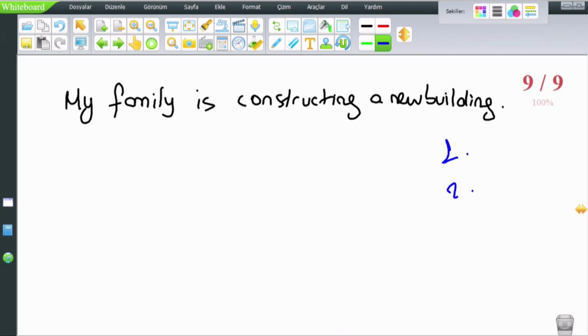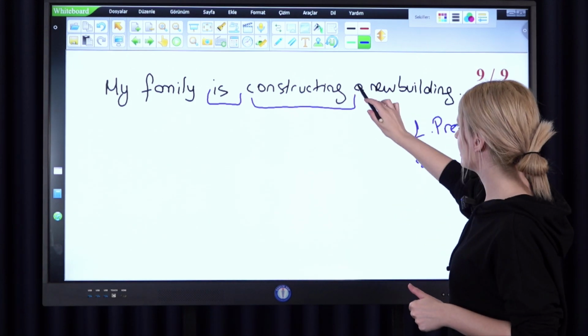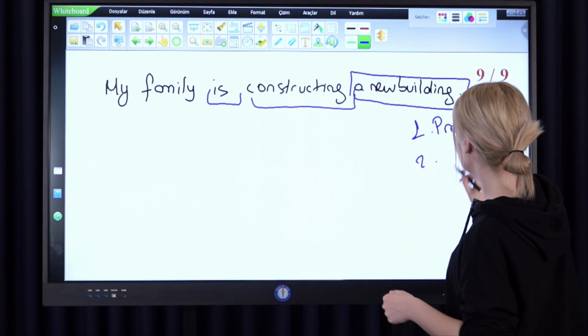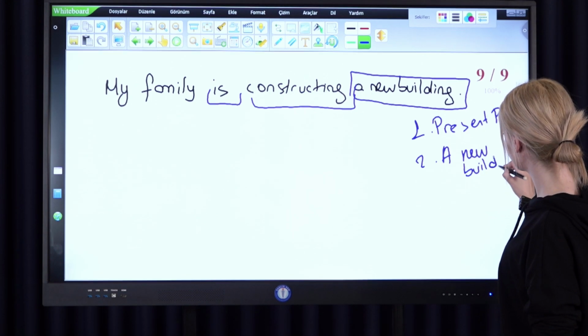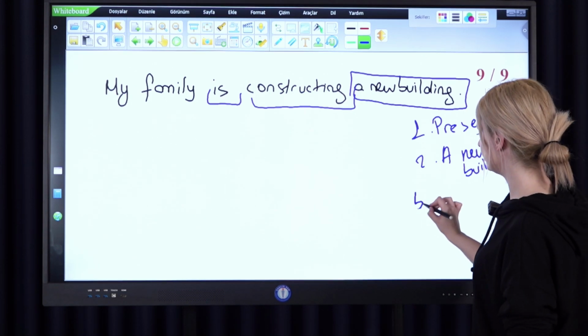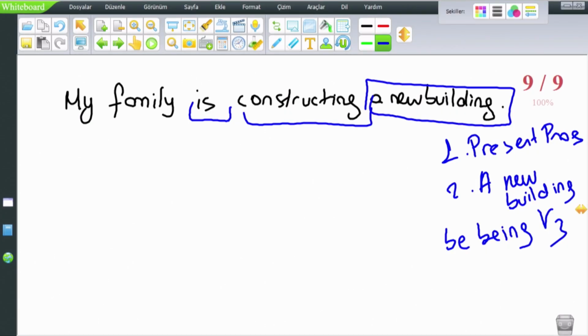Our tense here is, as you can see, present progressive, and our object is a new building. Don't forget the rule here. We use be, being, verb 3.